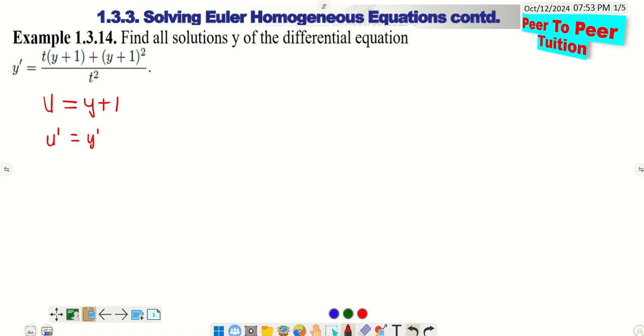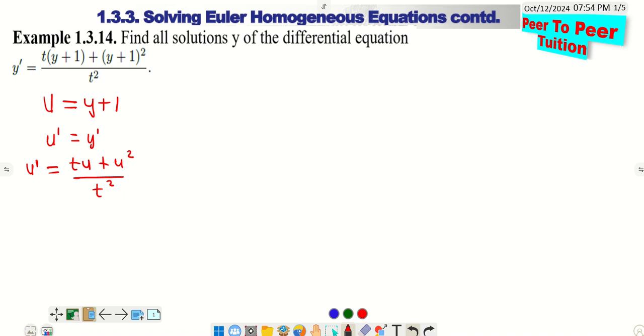So wherever I see y prime, I'll write u prime. So I have u prime is equal to t times y plus 1, which is tu, plus y plus 1 squared, which is u squared, all divided by t squared.